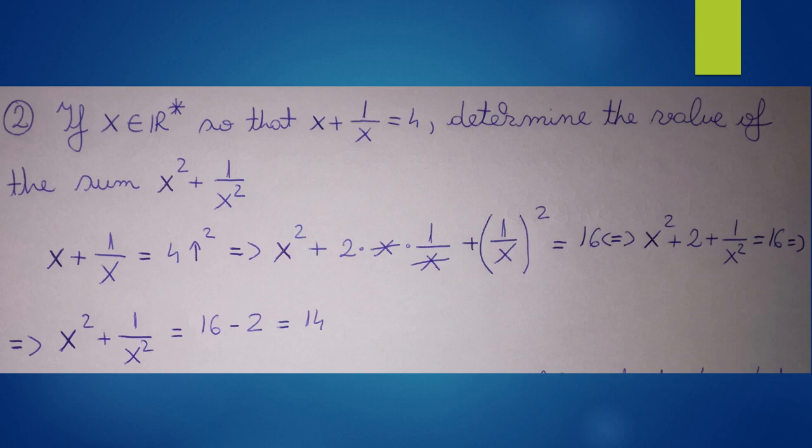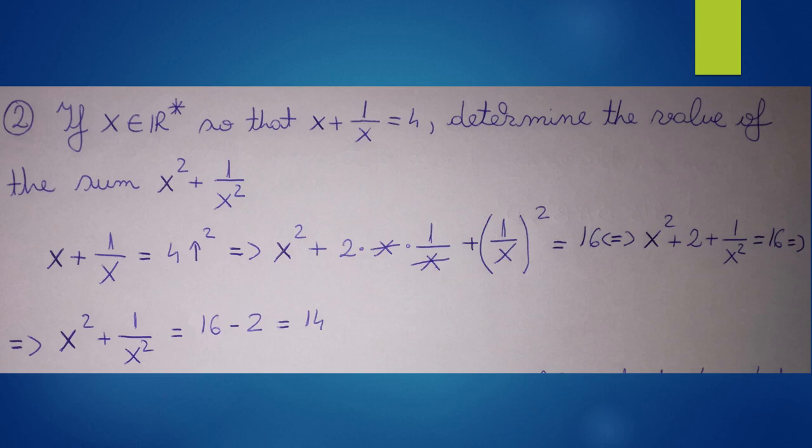Exercise number 2. If x belongs to the set of real numbers different from 0 so that x plus 1 over x equals 4, determine the value of the sum x squared plus 1 over x squared. We write x plus 1 over x equals 4 and raise both members to the power of 2.